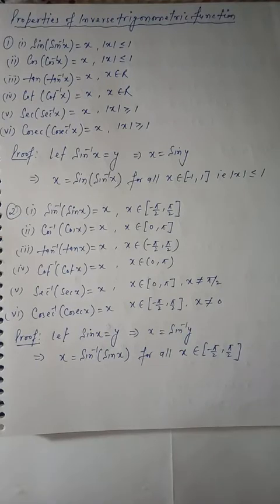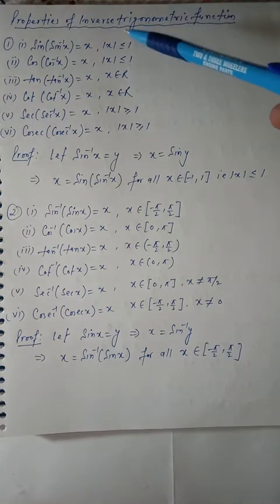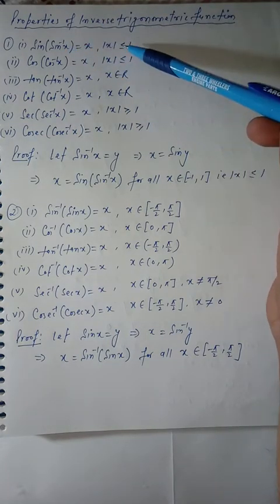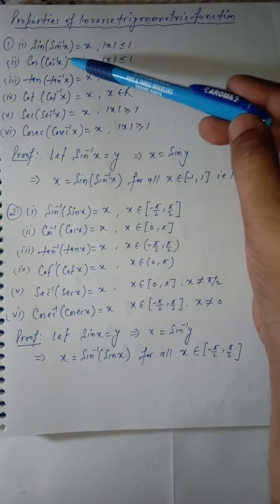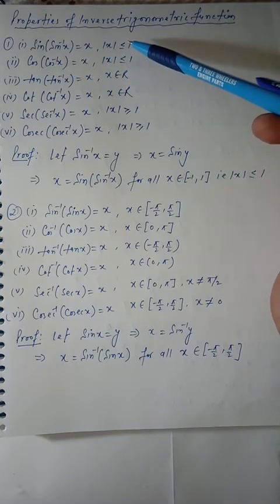So this is the second lecture on inverse trigonometric functions, and here we are going to discuss important properties of inverse trigonometric functions. We already know the domain and range of inverse functions. The domain of sine inverse x is from -1 to 1, and the domain of cos inverse is also from -1 to 1, which can be written as mod of x less than or equal to 1.